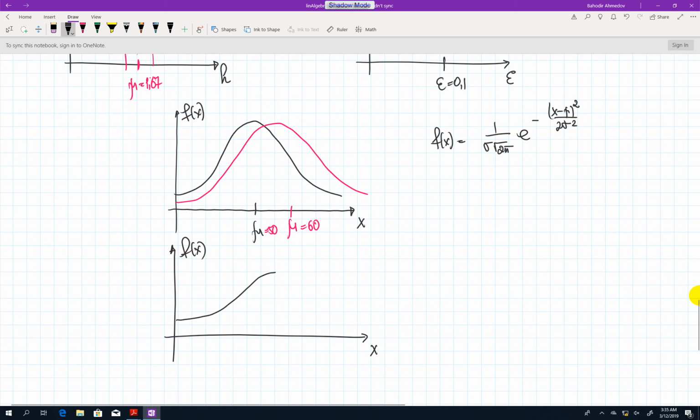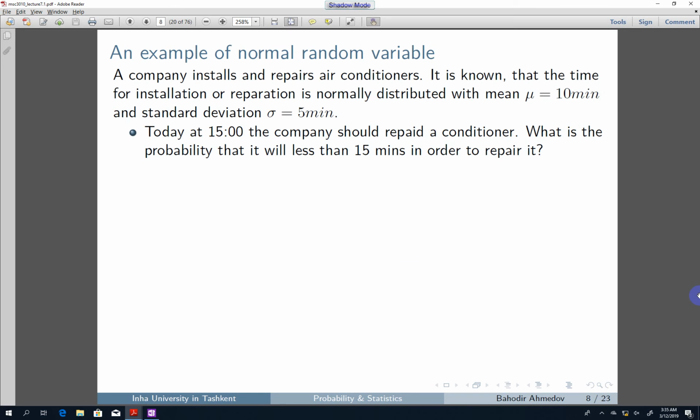For example, if one curve has standard deviation sigma 1 and another has sigma 2, sigma 1 is bigger than sigma 2. More flat means the points are farther away from the mean; steeper means there are a lot of points around the mean, right? Okay. Let's do an exercise.